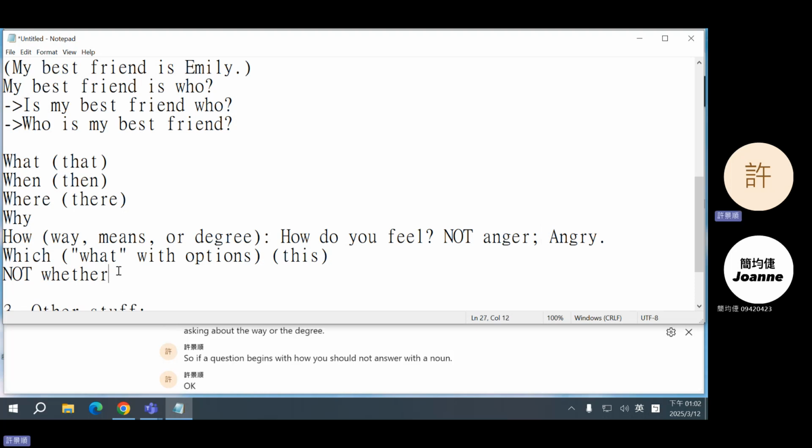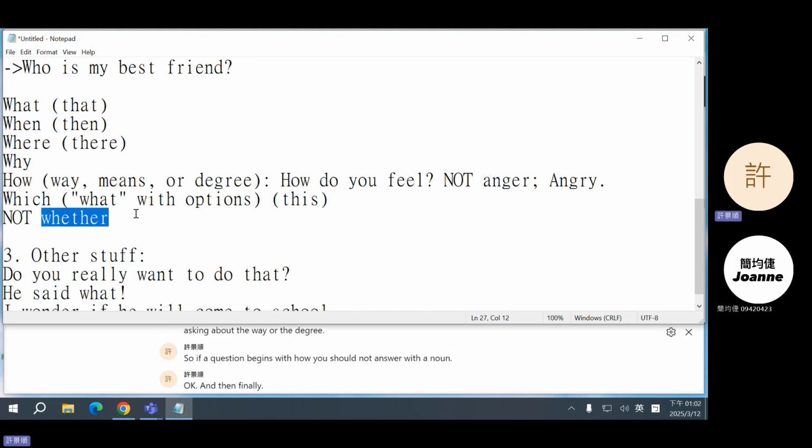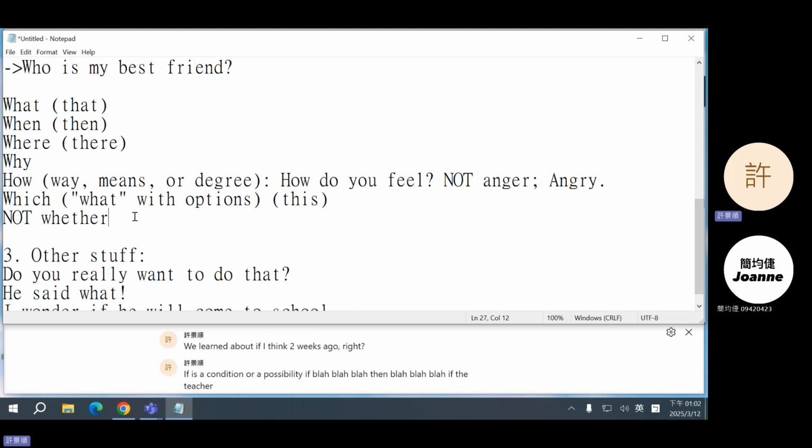Okay, and then finally, this is not a question word. Whether is not a question word. Remember, whether is not asking a question. Whether is the same as if when you only have two options. We learned about if, I think 2 weeks ago, right? If is a condition or a possibility. If blah, blah, blah, then blah, blah, blah. If the teacher leaves, then we can go home.